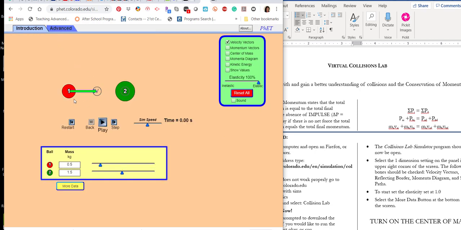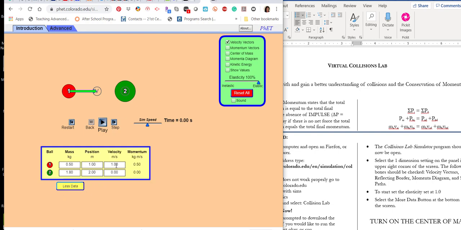But we have control over a lot of things. We have control over the mass of the object. We can type that in, or we can use this slider to make things bigger or smaller. We also have the same control over the second mass. I'm going to click on More Data.